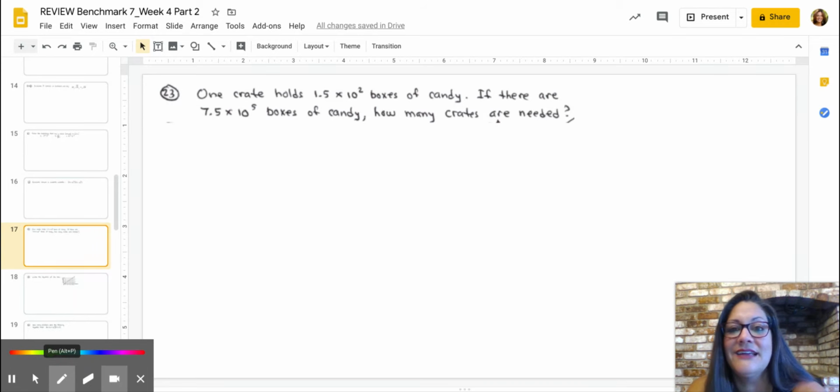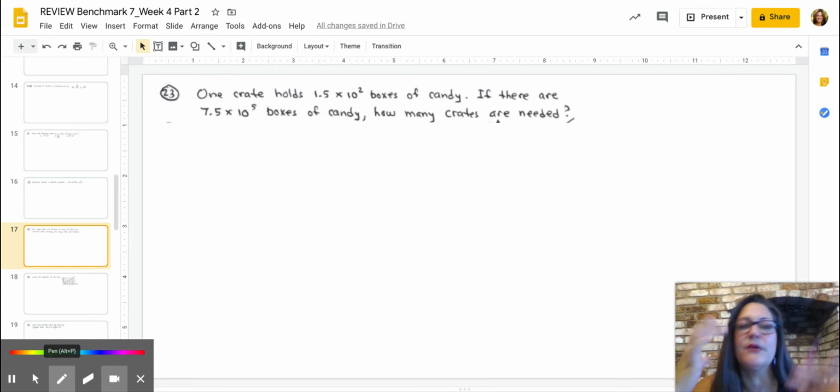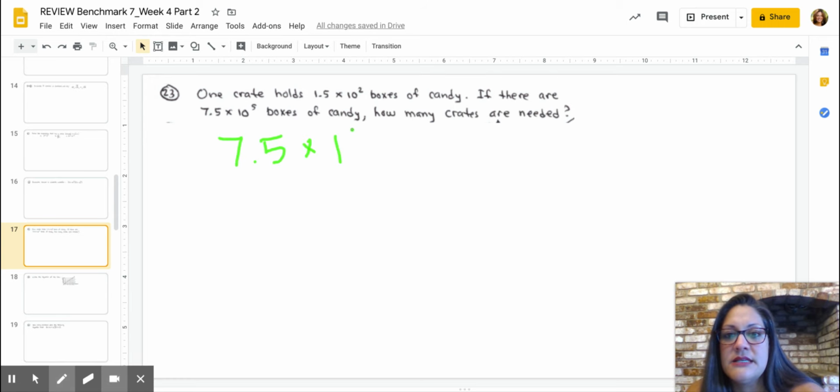All righty. So I want to do the number of boxes of candy divided by how many go in a crate. 7.5 times 10 to the 5th is how much candy I have, divided by how many boxes will fit into one crate. There, makes a lot more sense.